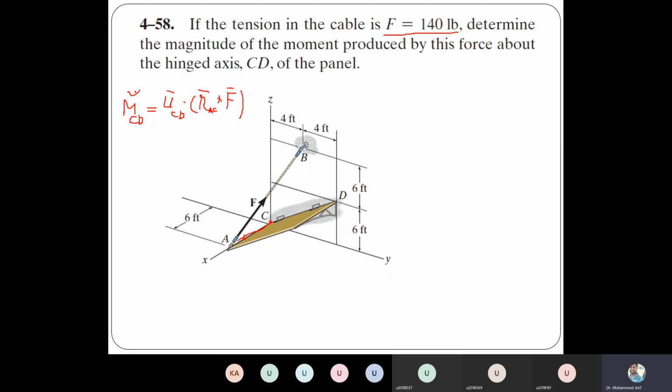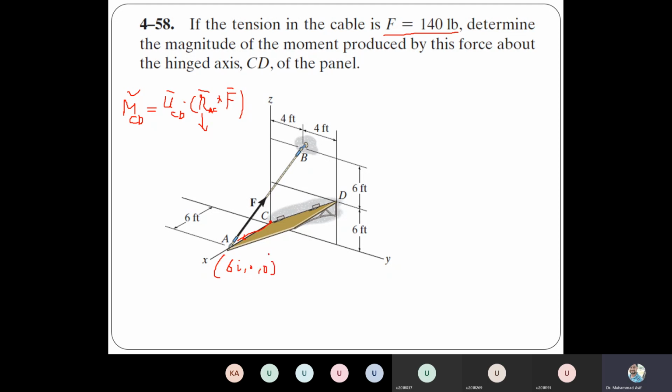So first of all, let's calculate this position vector, r_AC. This is very simple. C is 0, 0, 0, so what are the coordinates of A? Simply 6i, that is 6, 0, 0.